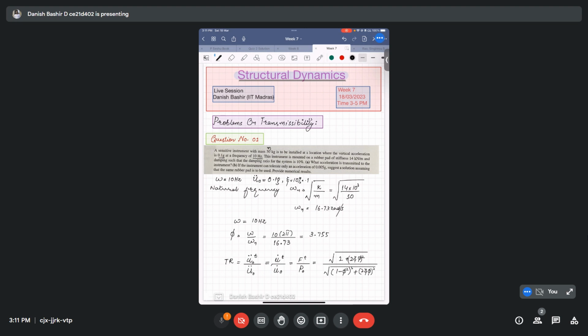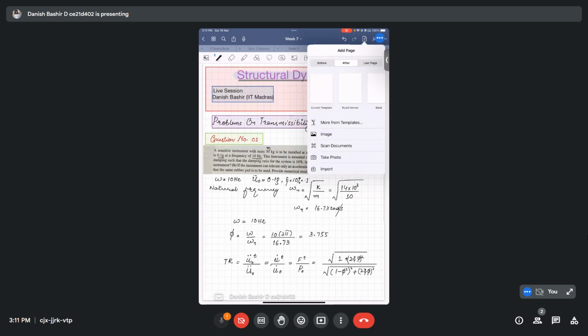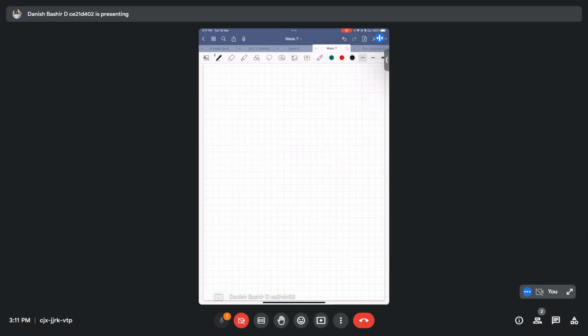So we have all the values, and we will substitute them here. We will get our required transmissibility, u naught double dot transmitted over what is actually being offered there, u naught double dot.